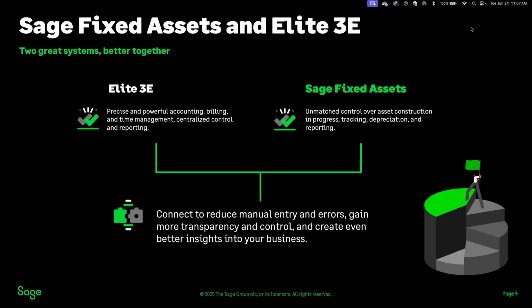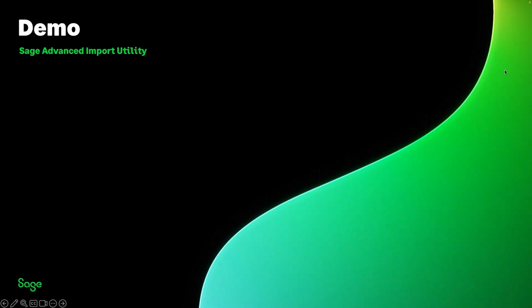Sage Fixed Assets by itself, excellent software. Put those two together and it's a game changer, a really good game changer. And you will see as we go along what your return on investment is going to be when you integrate both of those applications. Now I am going to hand this over to Shirley and John from our Sage Expert Services team.